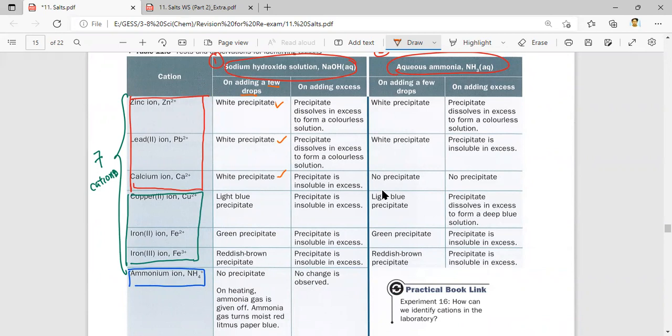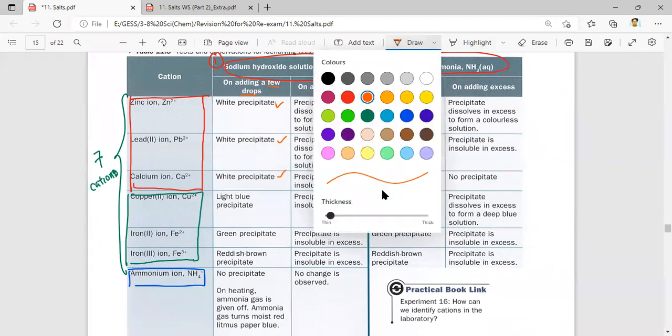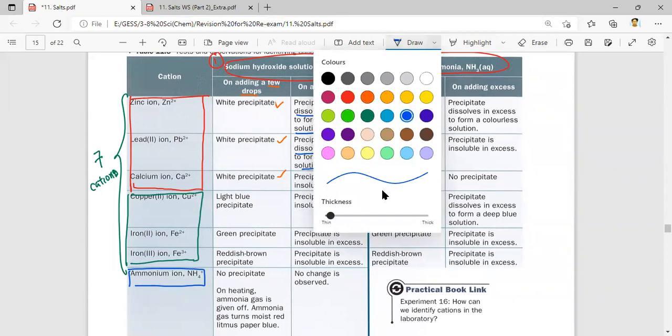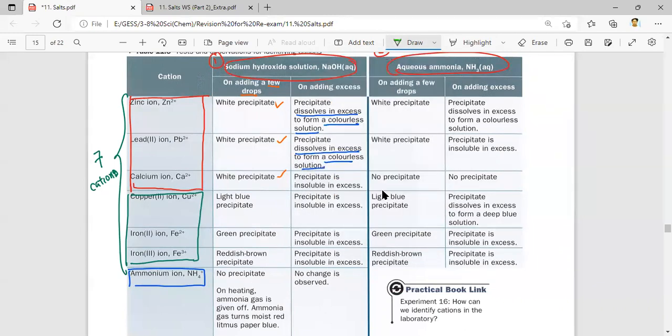After adding a few drops, I now add excess. That means I add a lot more of it. You realize the difference is over here. Zinc will dissolve in excess to form a colorless solution. Lead will also dissolve in excess to form a colorless solution. However, for calcium, the precipitate is insoluble in excess.